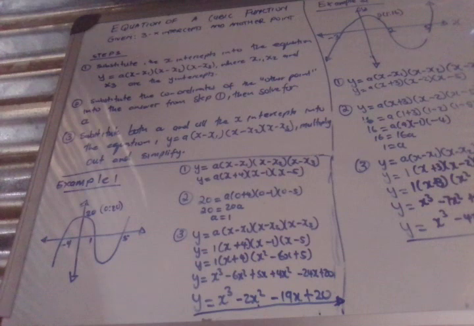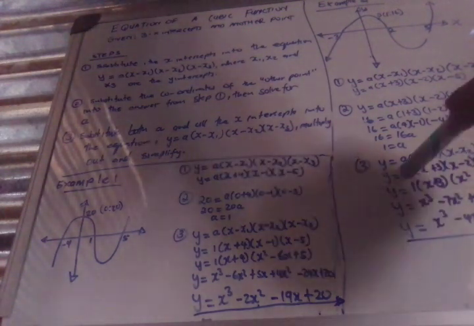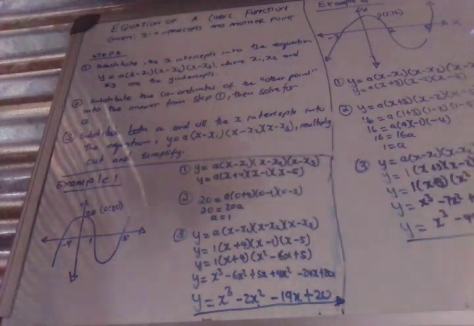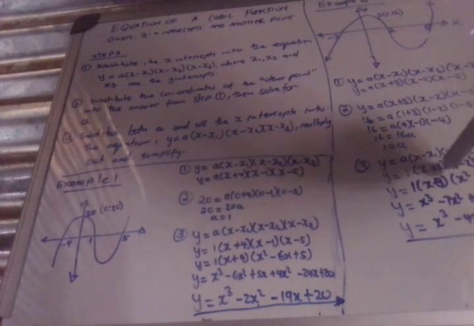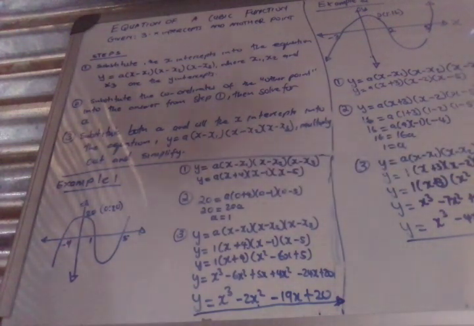So after getting the a, I'm going to go to the last step. The last step says that you have to substitute both the value of a and the x-intercepts into the standard equation, which is what I did here, okay? The a is 1 and the x-intercepts, I've just substituted them back into the original equation, okay? And then I'll just expand.